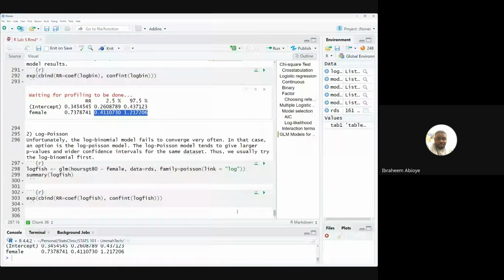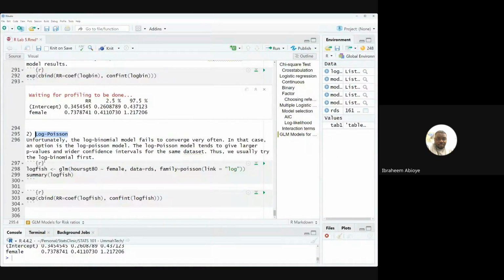Seems fairly simple enough. There's another type of model that gives us risk ratios, and that's the log Poisson. Here, I want you to pay extra attention because we will talk about the log Poisson, but I would also extend these GLM models further and talk about Poisson models in general.